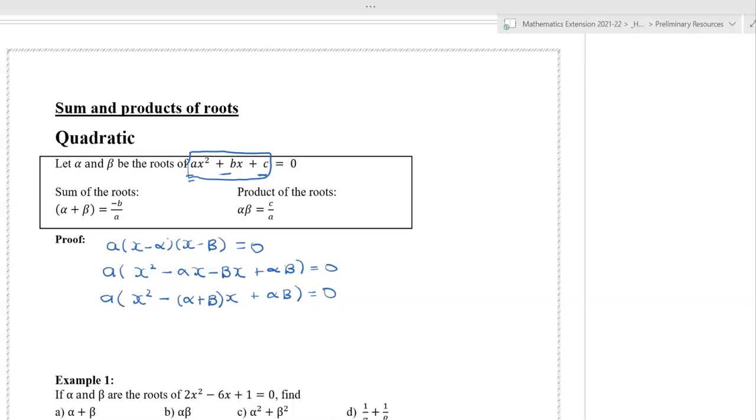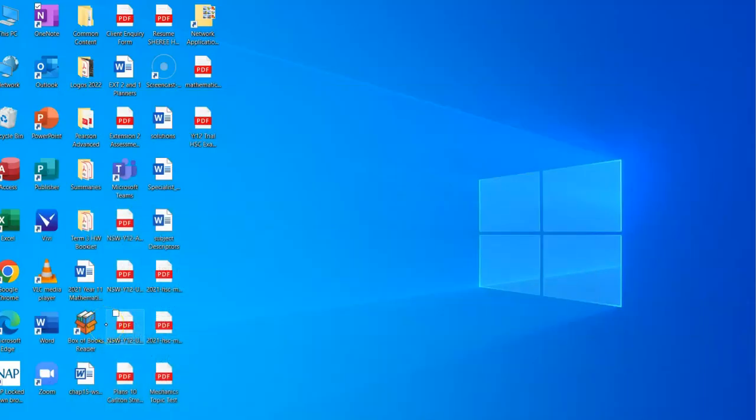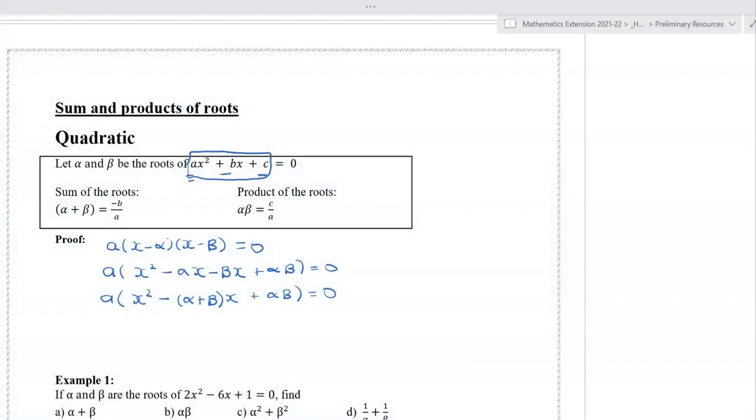And so then when we expand that, we can see that we have a x squared minus a alpha plus beta x plus a lots of alpha beta. And this should be the same, it's equivalent to ax squared, that's fine, plus bx plus c.